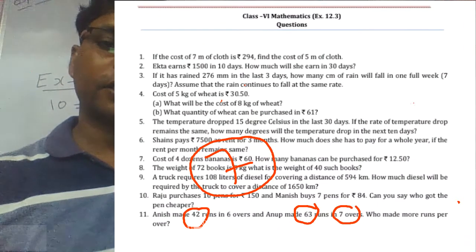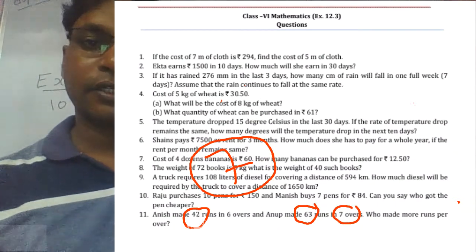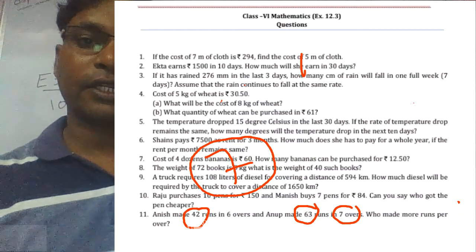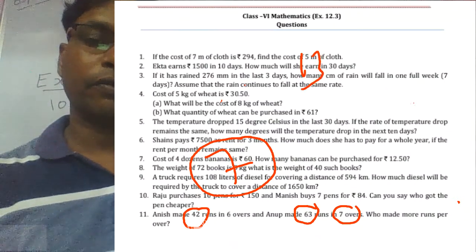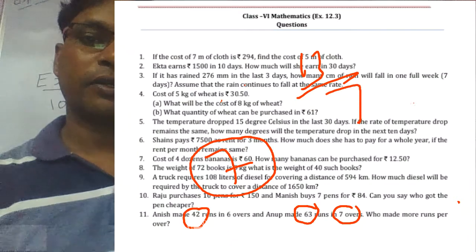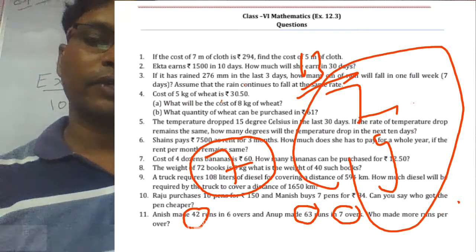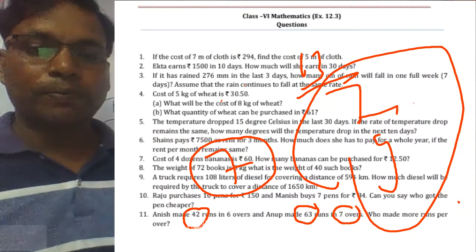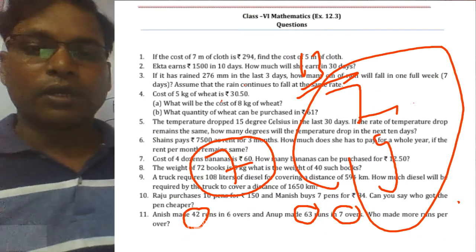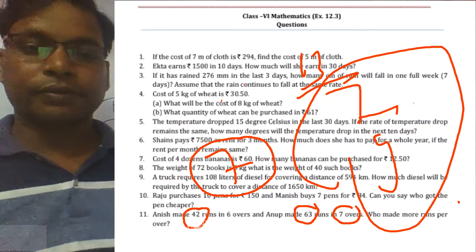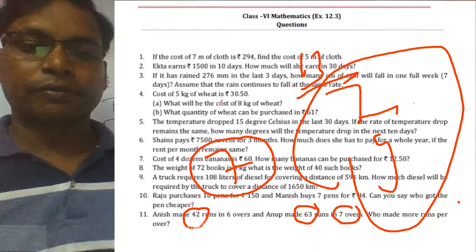And here you can see 63 runs. Anup made 63 runs in 7 overs. So if you divide 63 by 7, we obtain 9.